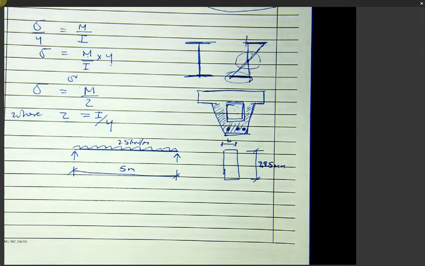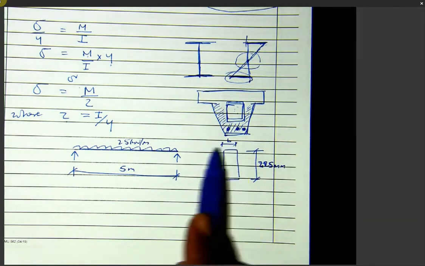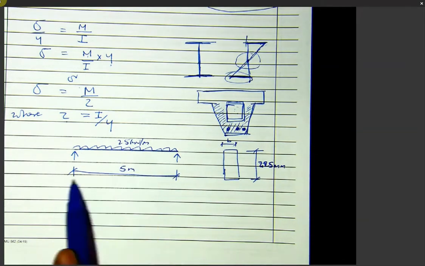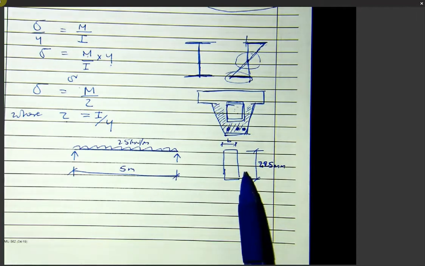Now you want to determine what must be the B dimension of that depth. I know the loading that the beam is subjected to. I know my span is from that end to that end. The architect told me that a 225 millimeter deep beam is fine, nothing more than that, because it's going to interfere with the looks of the building.